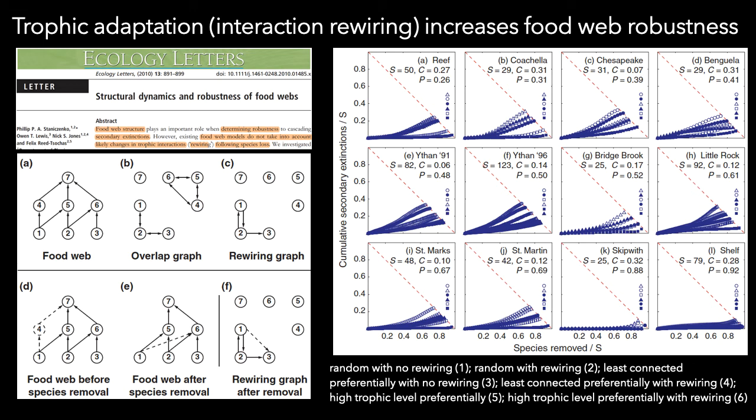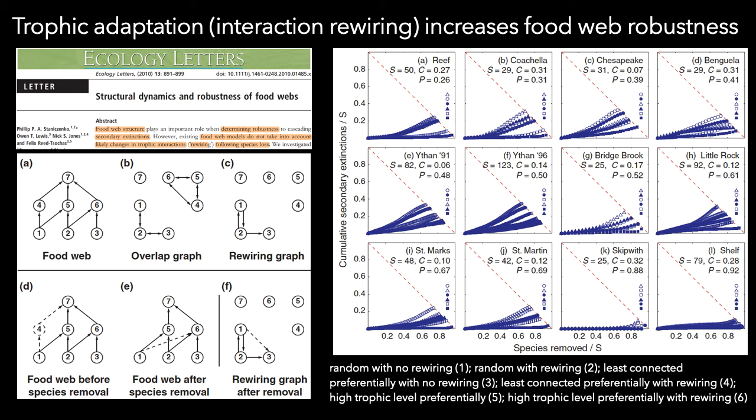This concept is named trophic adaptation, and in jargon this results in what we call interaction rewiring, because certain species may rewire their interactions, rewire their prey. And it has been shown that this trophic adaptability substantially increases the robustness of food webs.